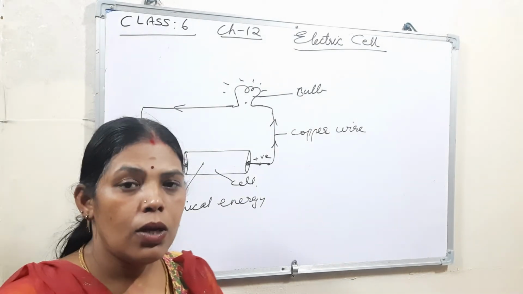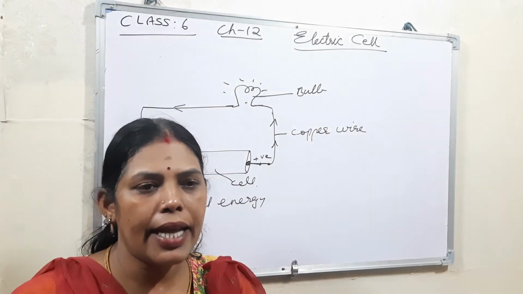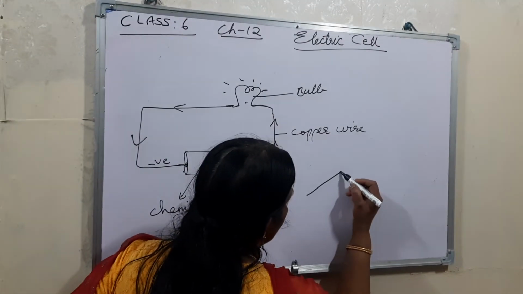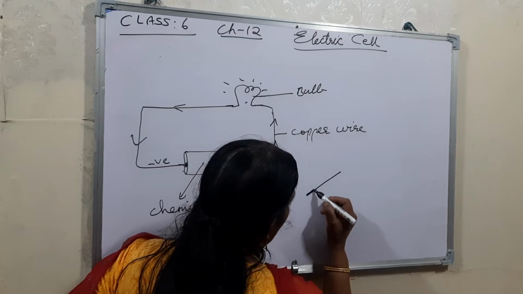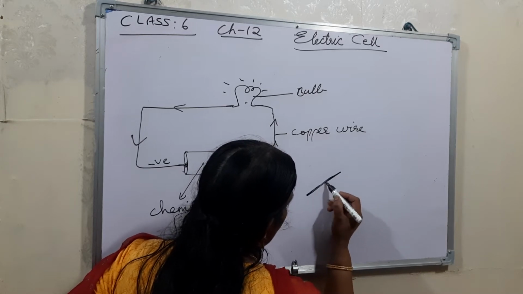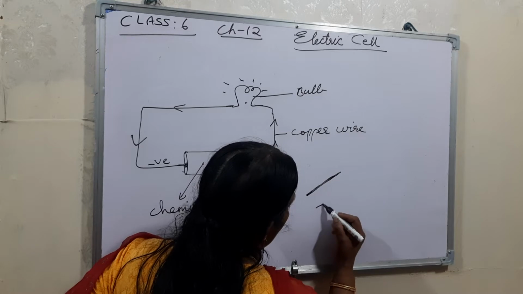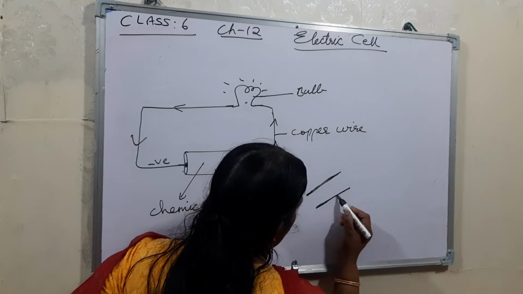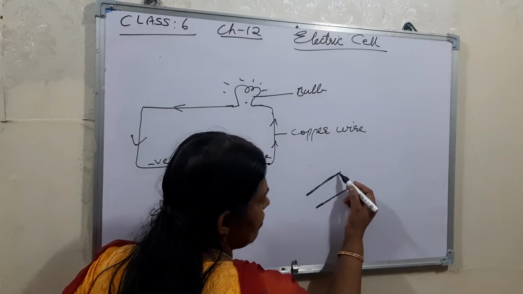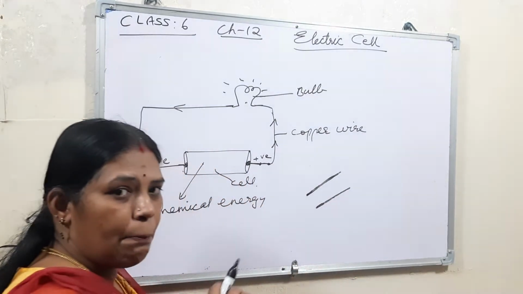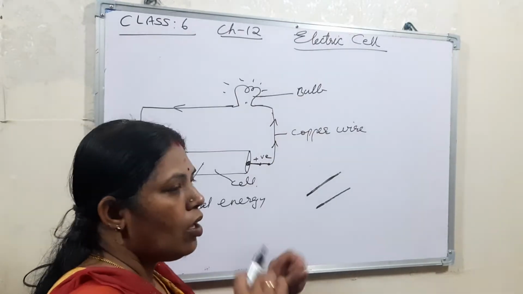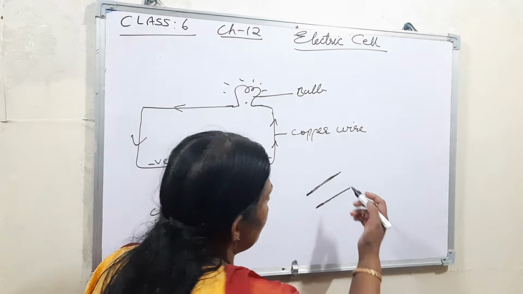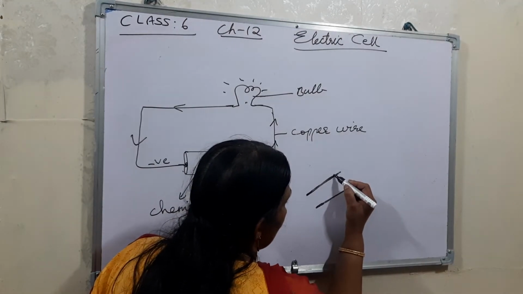Now see how you can make it. Take two copper wires. For example, this is one copper wire, and one more copper wire you have to take. Then you have to peel both the edges, because it is bound with plastic or rubber insulation, and you have to remove this.